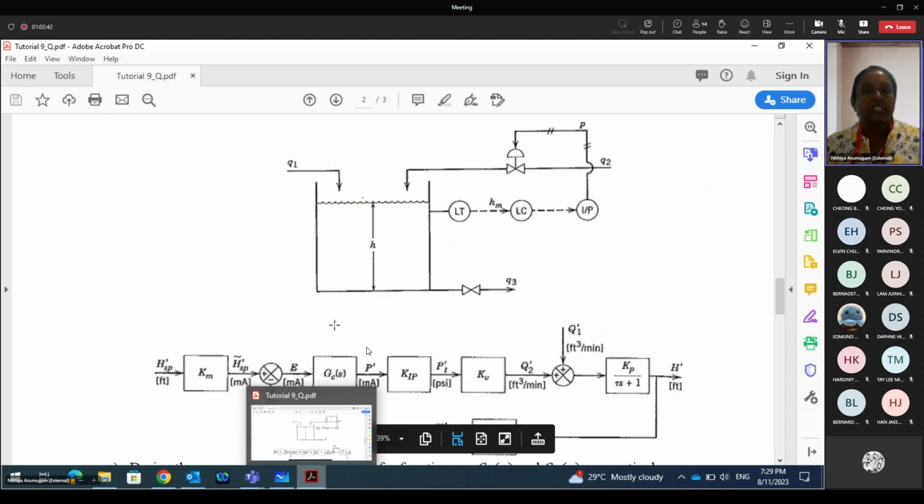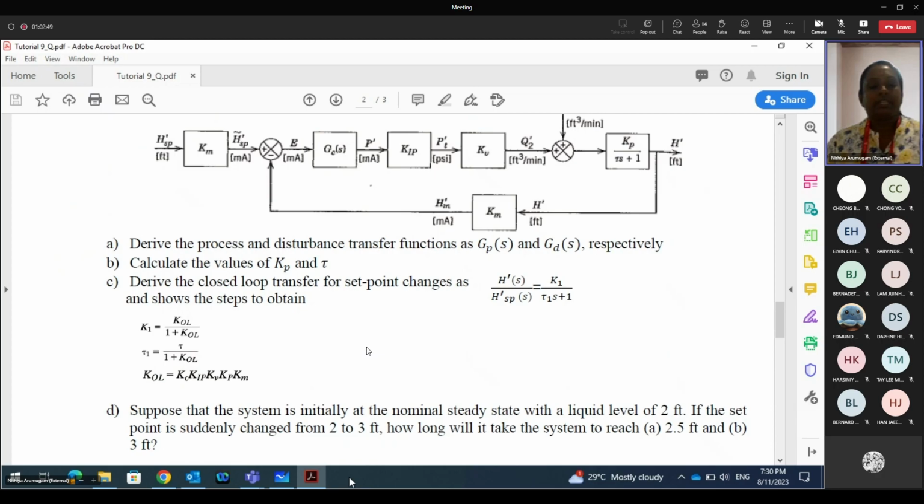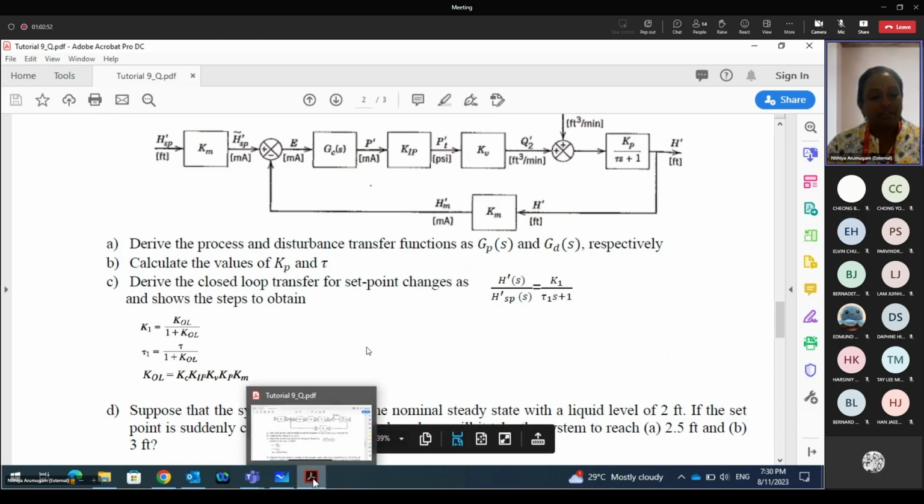All right. So the second portion of the question asks us to calculate the value of Kp and tau. So we need to know the value of Kp.